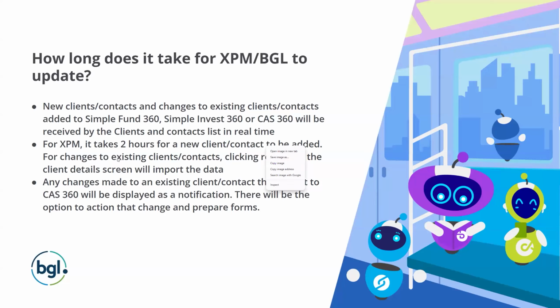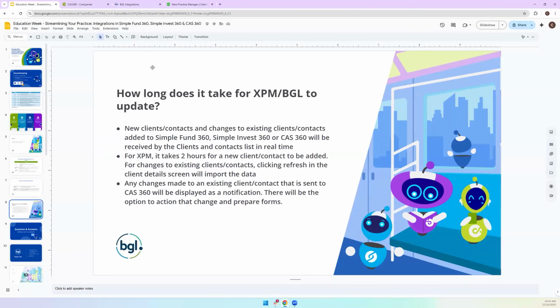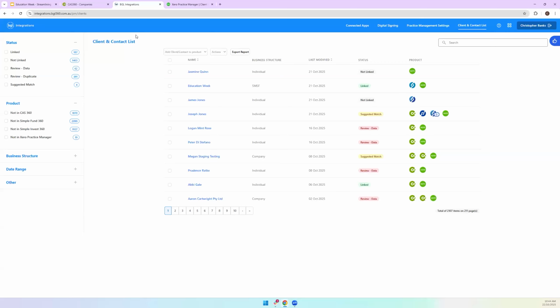If it's a change to an existing client, the contact that's linked, you will have the option to refresh the client details in the client details screen, which we haven't looked at just yet, which will allow you to quickly import the data. So if I jump back to this tab, we also have the status and the product. We can see Jasmine here is only in Xero, but Education Week is in both Simple Fund 360 and Xero.